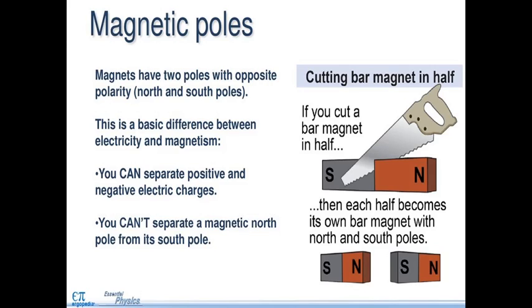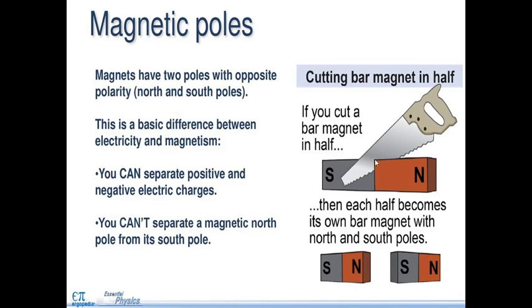The poles are different. Means one magnet will show the south pole only and one magnet will show the north pole only. Like that will happen? No, it will not happen. If we cut a bar magnet in half, then each half becomes its own bar magnet with north and south poles.